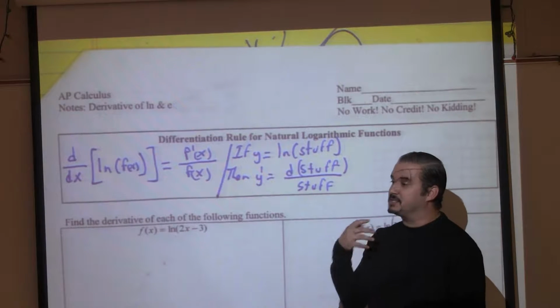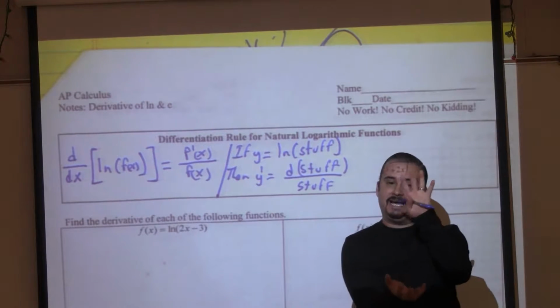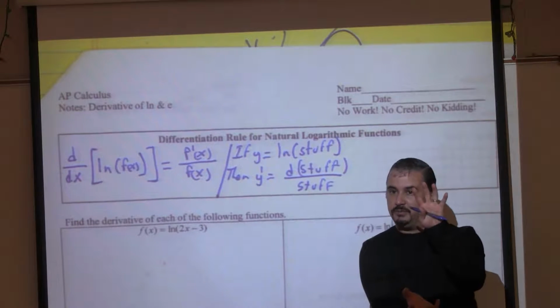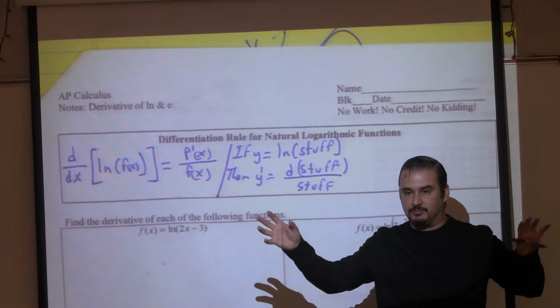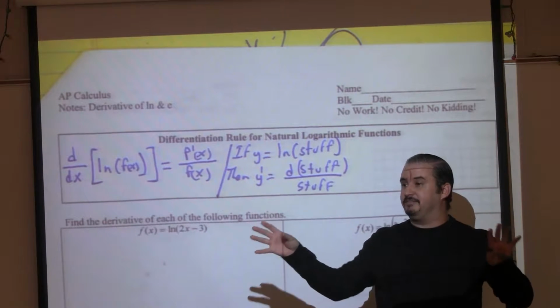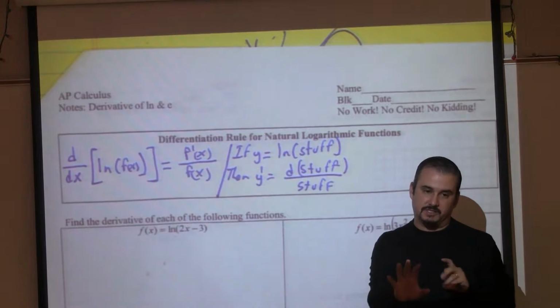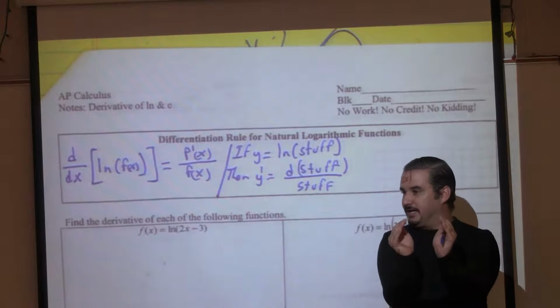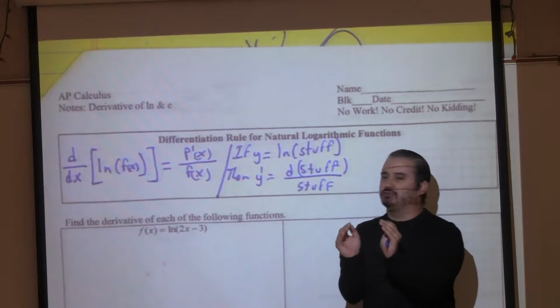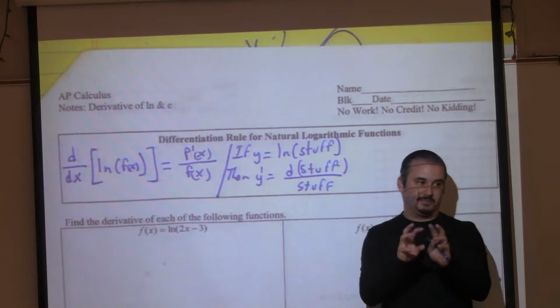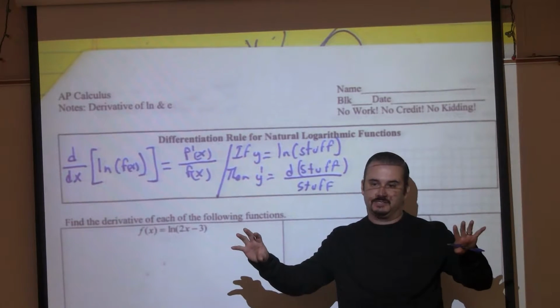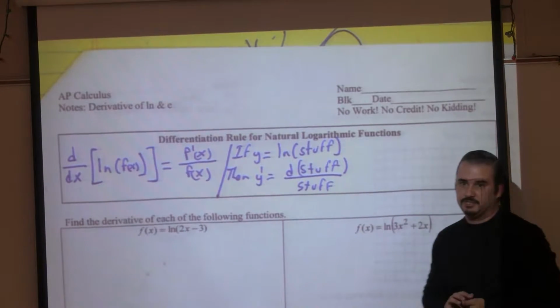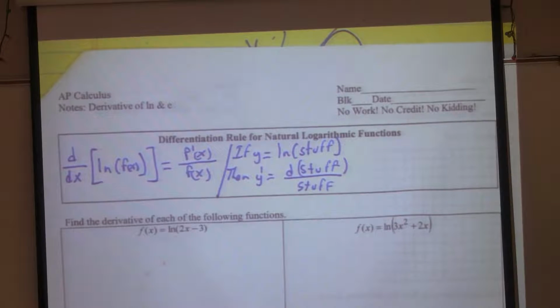So that's why the expansion properties are good, because if I have a fraction in the argument, I can split it up using subtraction, and now I can make my life easier and find the derivative of each part and just subtract it. Or if I had the two things in there being multiplied, instead of having to do the product rule for that derivative, I can split it up into addition using the log, and then get the derivative of each part. So that's why the expansion rule is really cool.